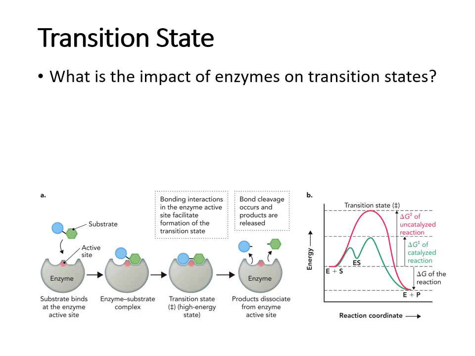A moment ago, I mentioned what's called the transition state, and that's when you're transitioning from the substrates or reactants into the products. You have that middle area where you have the enzyme substrate complex and the substrates are currently interacting.